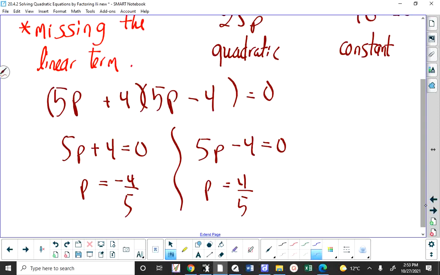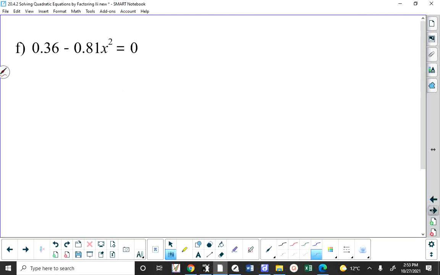Now, I said I would show you a different way to do it. The factoring way won't always work. So I'm going to show you a different way in a minute. Let's take a look at this next one. 0.36 minus 0.81x squared. Let's get rid of the decimals. Decimals are hard on the head, especially when it comes to factoring.